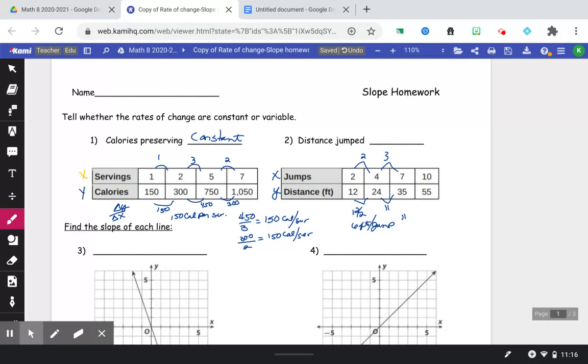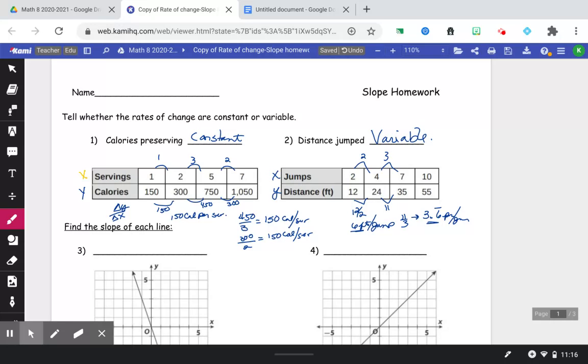When you divide that out, that works out to about 3.6 feet per jump. That's not the same as the change between 2 and 4 jumps. Because those two changes are different, this is going to be variable. The rate varies.